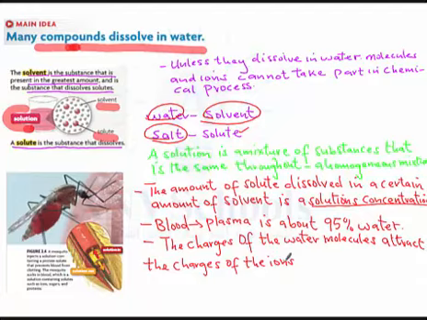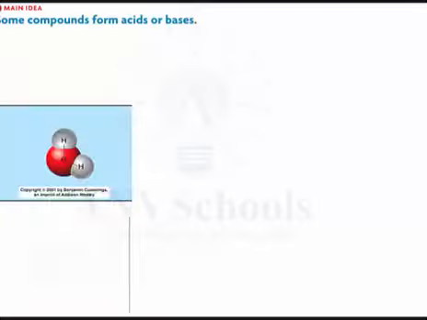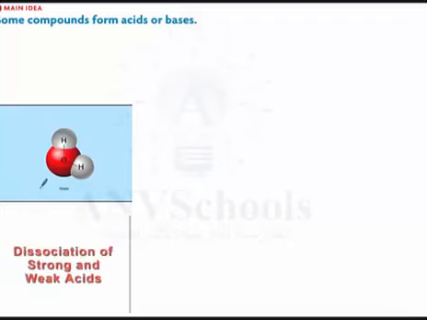So the water molecule surrounds each ion and pulls the compound apart. It's the same way we saw in the video. The water molecule surrounds and pulls them apart. Some compounds, we'll go to the next part.